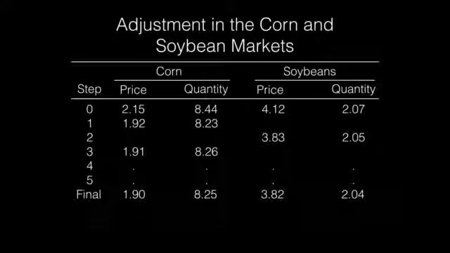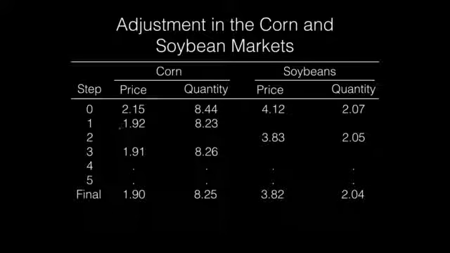And as you can see subsequently, each time there's a change in the price, it's getting smaller. So for example, after the reaction of the corn market to the lowering of the equilibrium price of soybeans to $3.83, the price again falls to $1.91, but it's only a penny change. And what we end up seeing finally is that the total change in the price of corn is going to be equal to $1.90, and the total change in soybeans is going to be to $3.82.